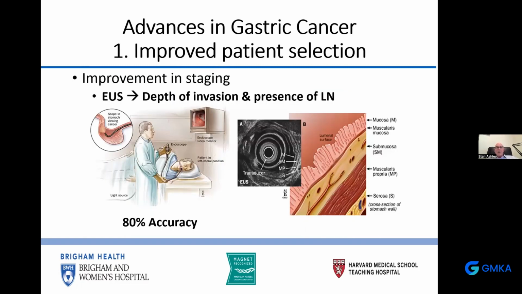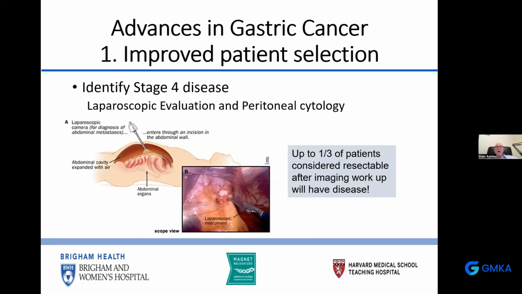So endoscopic ultrasound is kind of the cornerstone of identifying depth through the gastric wall and determining whether it's T1, T2, T3, or T4. It's a good test with 80% accuracy, and we're using it for these decisions about EMR versus proceeding with neoadjuvant therapy and then subsequent surgery, and laparoscopic approaches to identify distant disease.